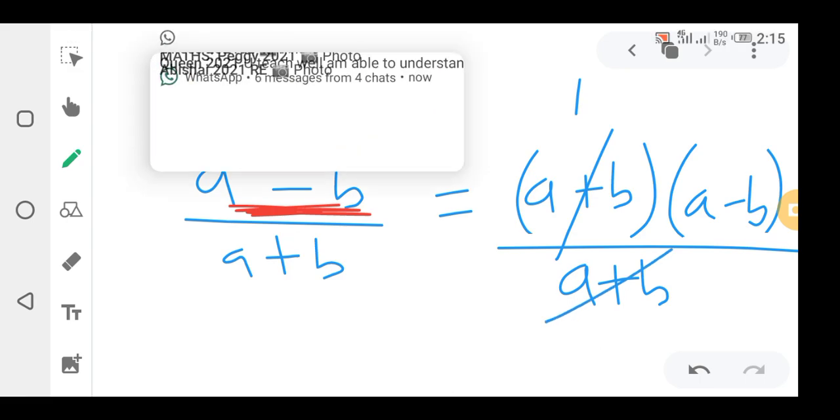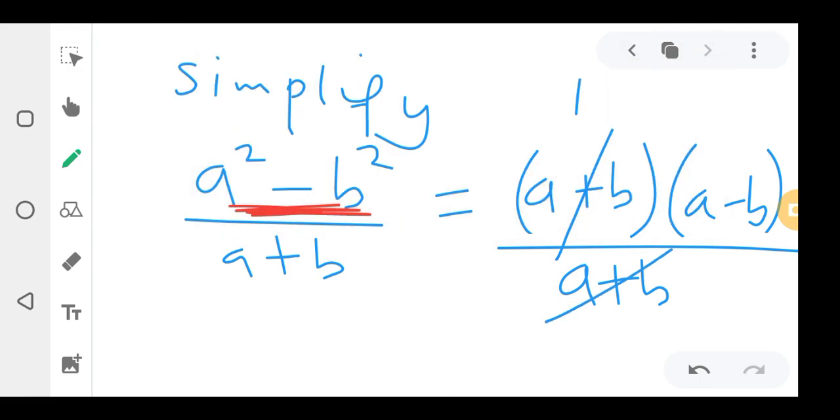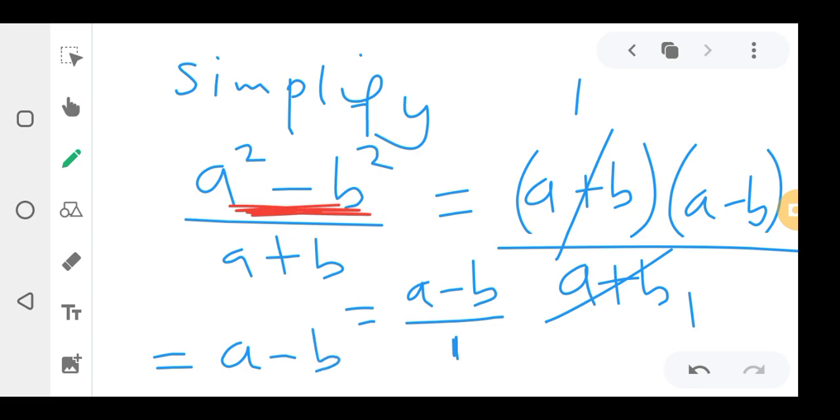There's a plus b on top and a plus b down there, that is common. What will remain on top is a minus b over 1. There's 1 that has remained down here. And any number over 1 is always itself. So the answer is a minus b.